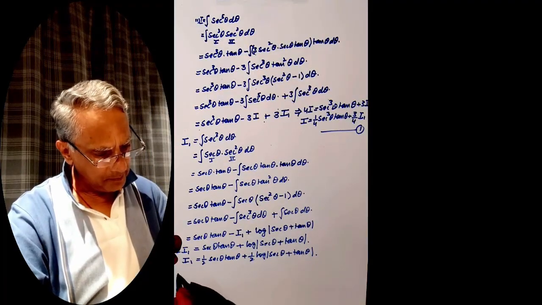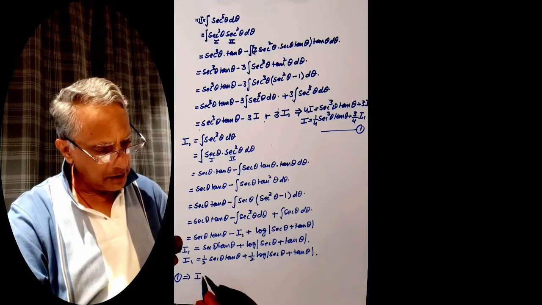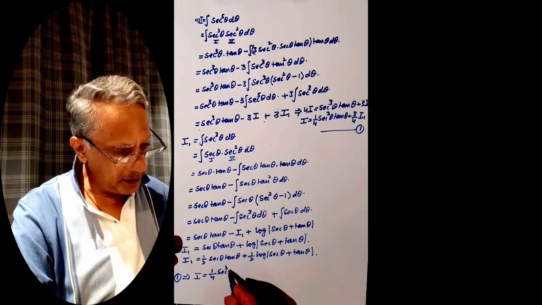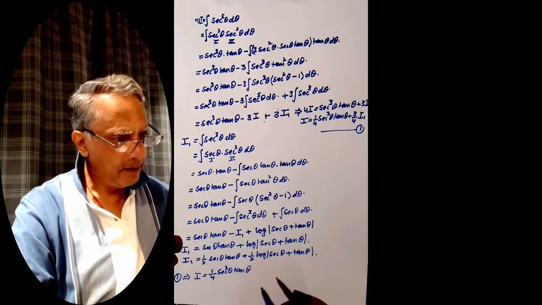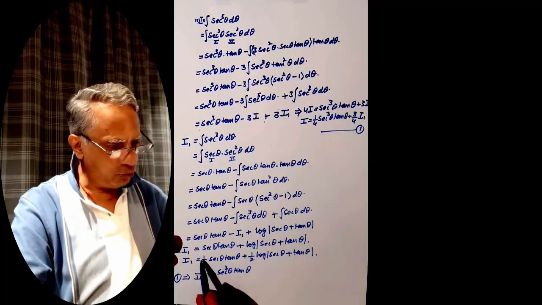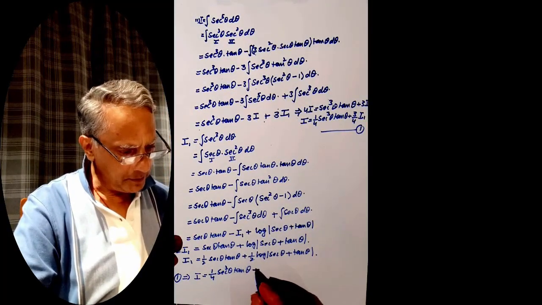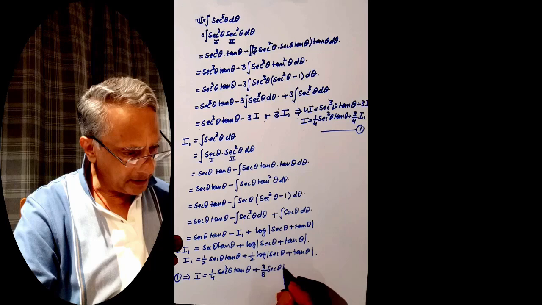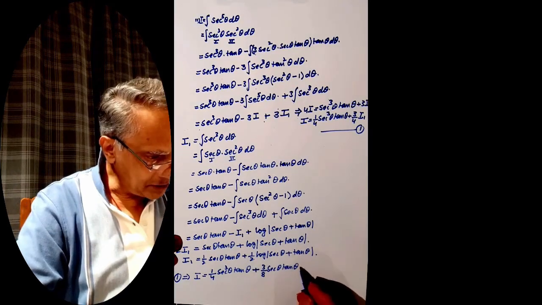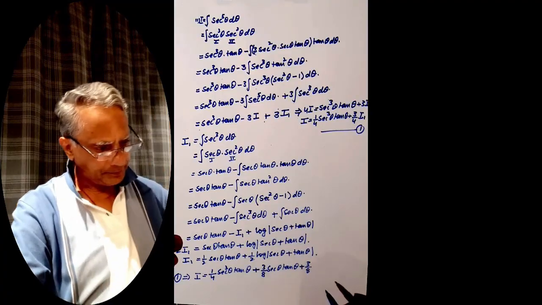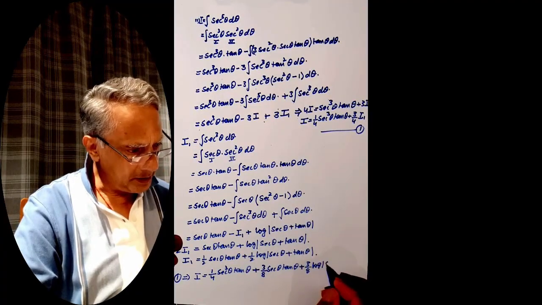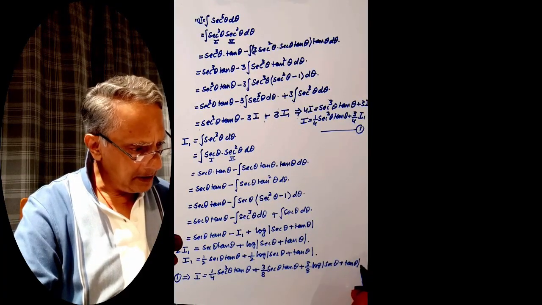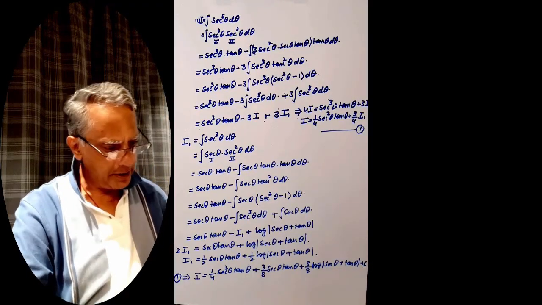So 1 implies I is equal to 1 by 4 secant cube theta tangent theta plus 3 by 4 I1. 3 by 4 of this will be 3 by 8 secant theta tangent theta plus 3 by 8 log secant theta plus tangent theta plus constant of integration.